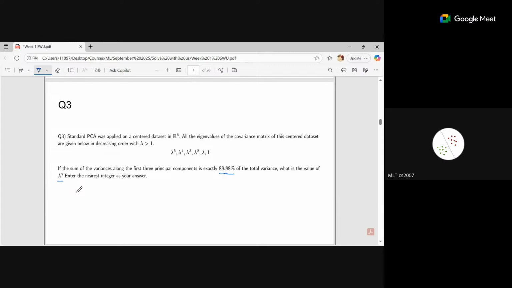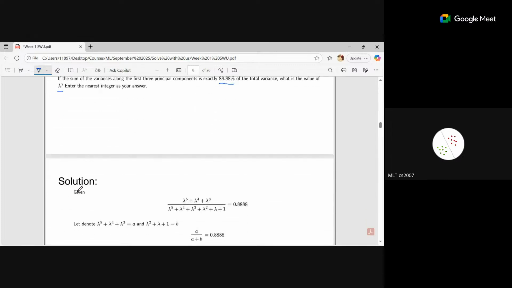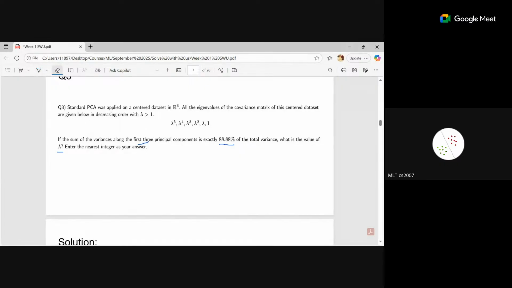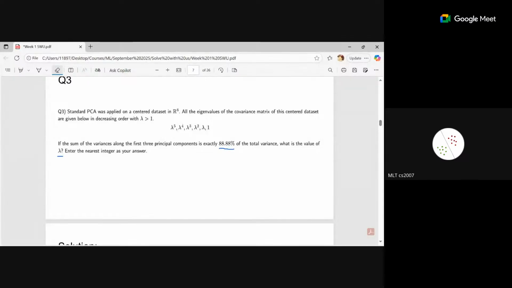Do you remember this part here? One thing to note is that what is important to us is the first three principal components. It is given to us that their variance is exactly 88.88% of the total variance.